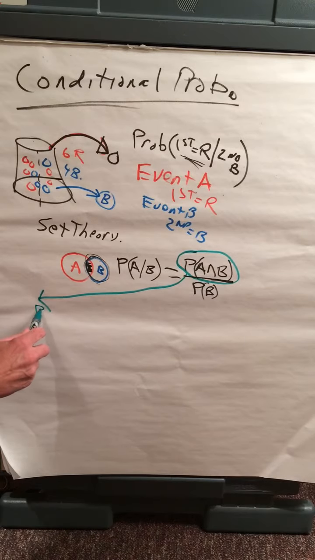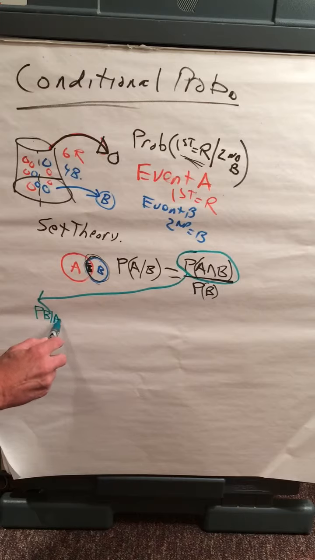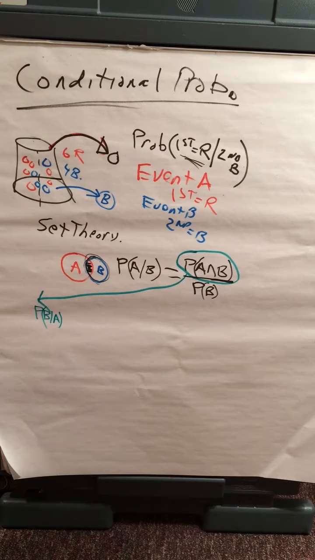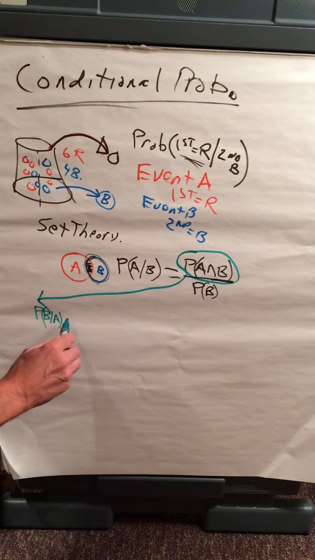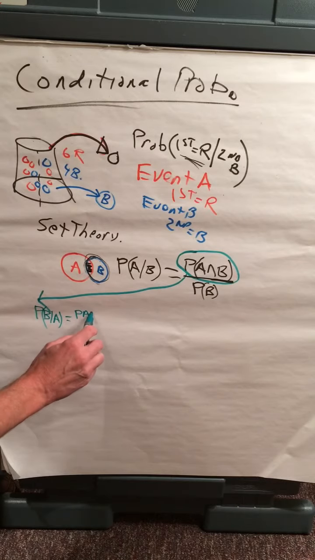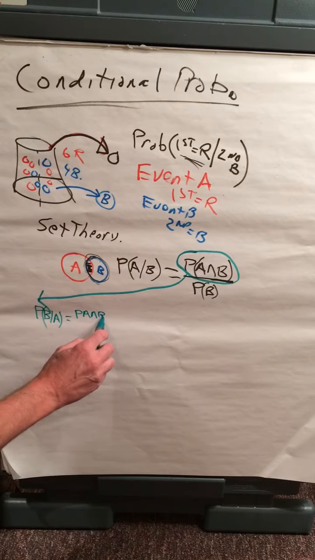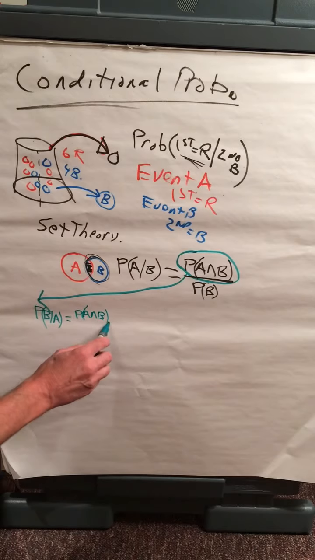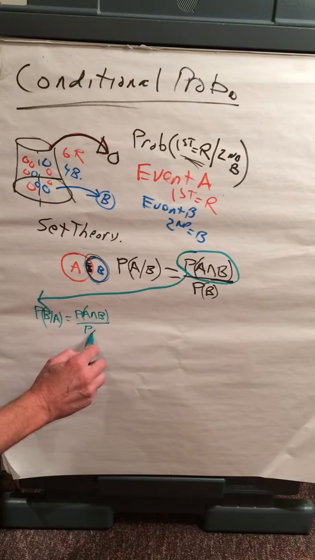But let's look at the probability of B given A. If we look at the probability of B given A, we know by the rules, right here, we just established a rule, it's equal to the probability of A and B divided by the probability of A.